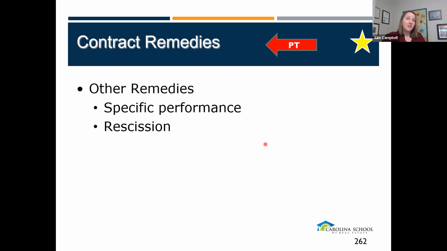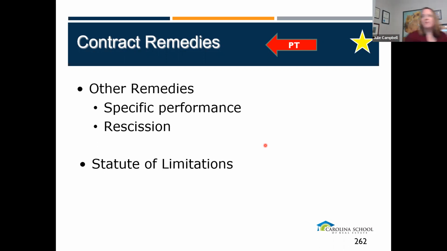Not to confuse with the statute of frauds, there's also something in legalese called statute of limitations. Statute of limitations is just the amount of time that you have to bring a lawsuit against somebody. That amount of time varies. The judge may have to determine if the statute of limitations runs out.